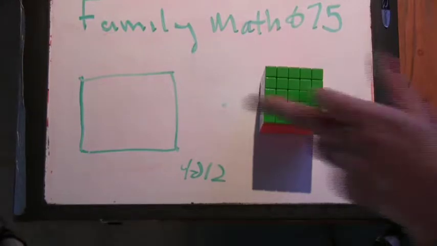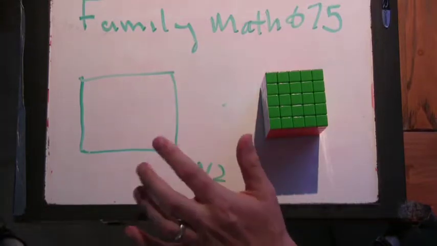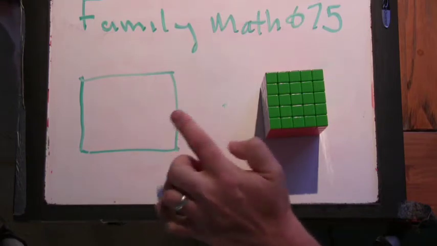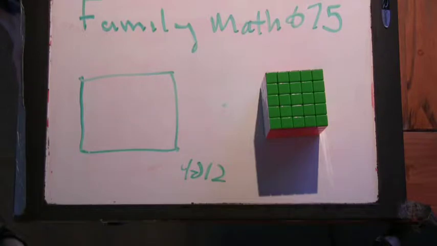Okay. So I have a square, and let's pretend it turned into this cube. Tell me, the edges in this square that's drawn right here on the whiteboard, what edges do those correspond to in the cube?